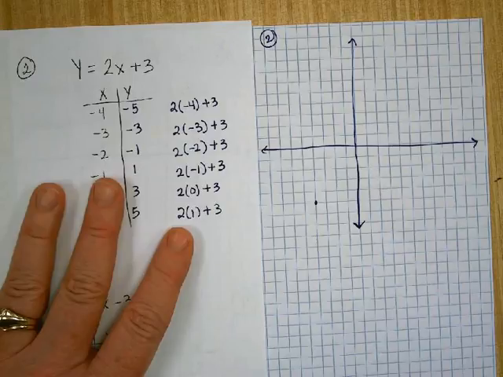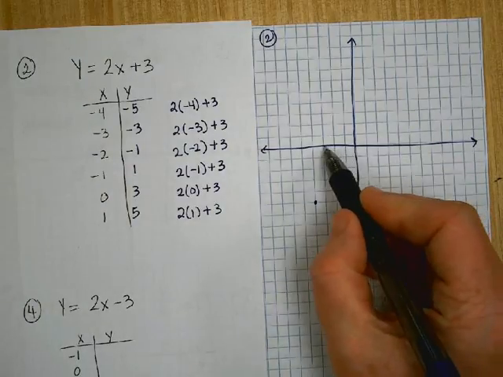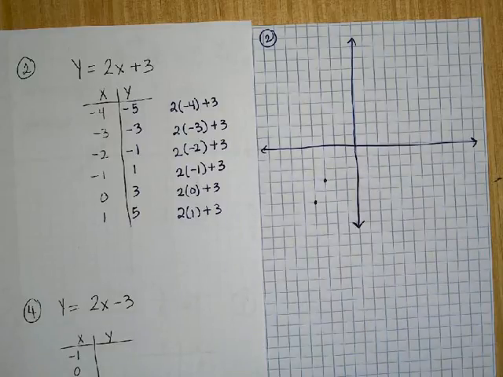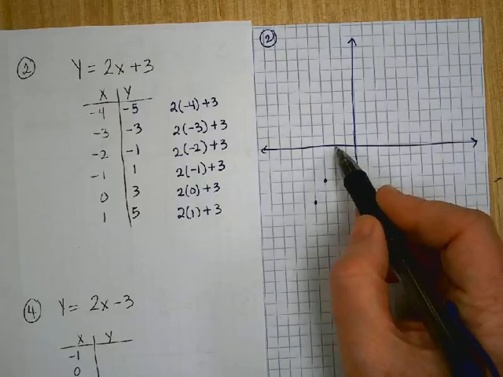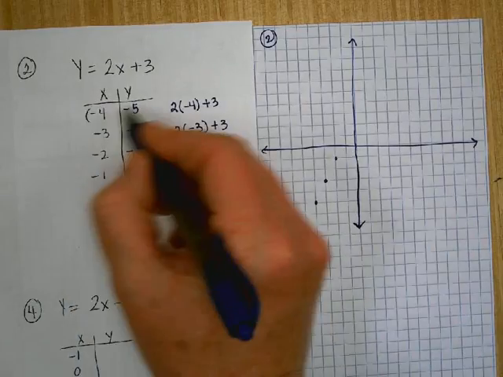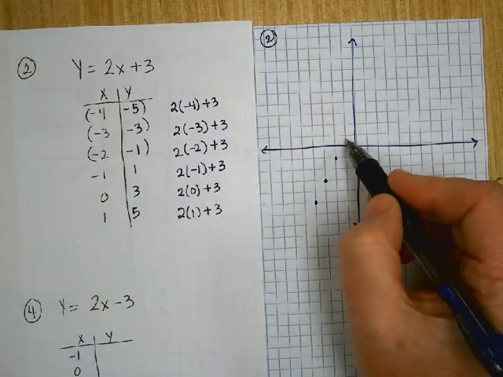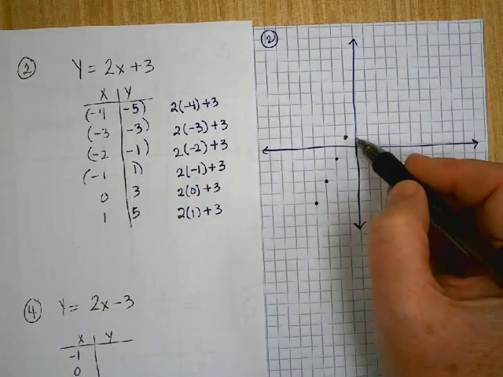The next one is located at negative 3, negative 3, and the next one, negative 2, negative 1. These are ordered pairs we're graphing. Negative 1, 1. 0, 3.